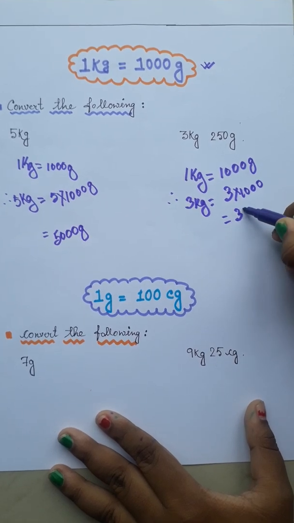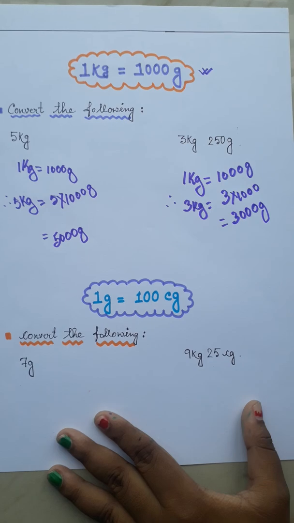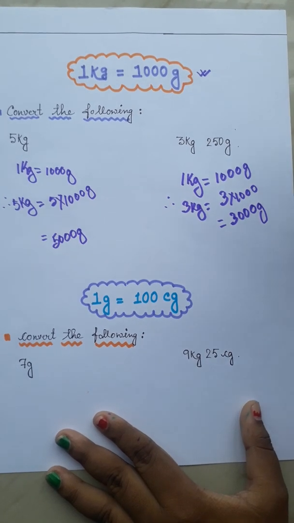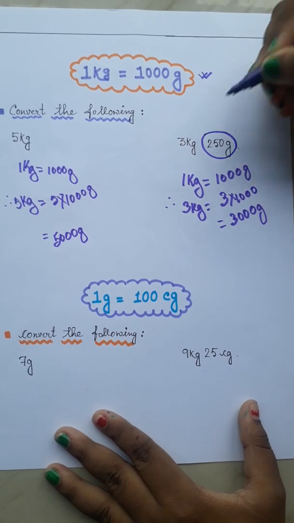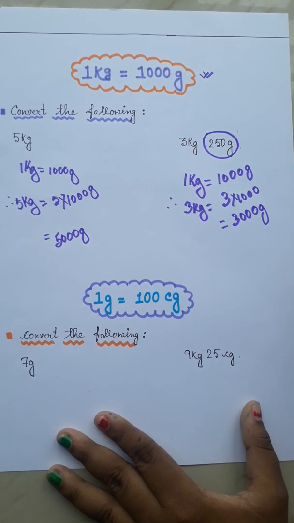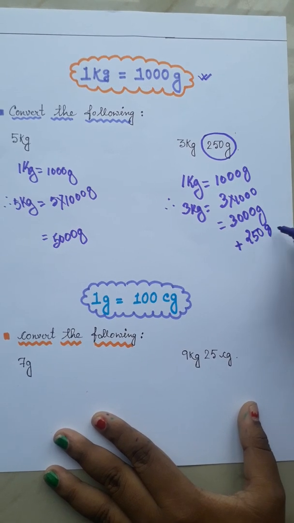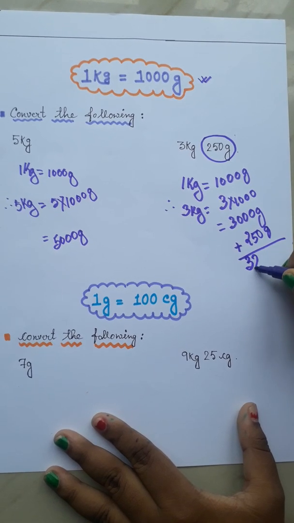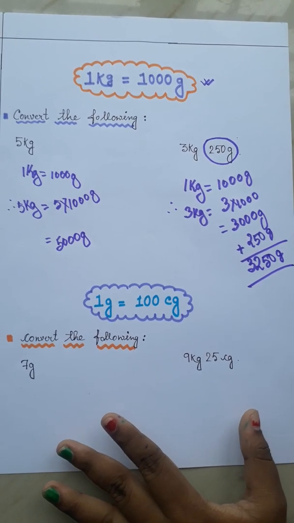That means 3000 gram. Okay, but in this case this is not the actual answer. Why? Because in the question you can see already 250 gram is there, right? So what we have to do? We have to add 250 with this. So our answer will be 3250 gram. This is our answer.